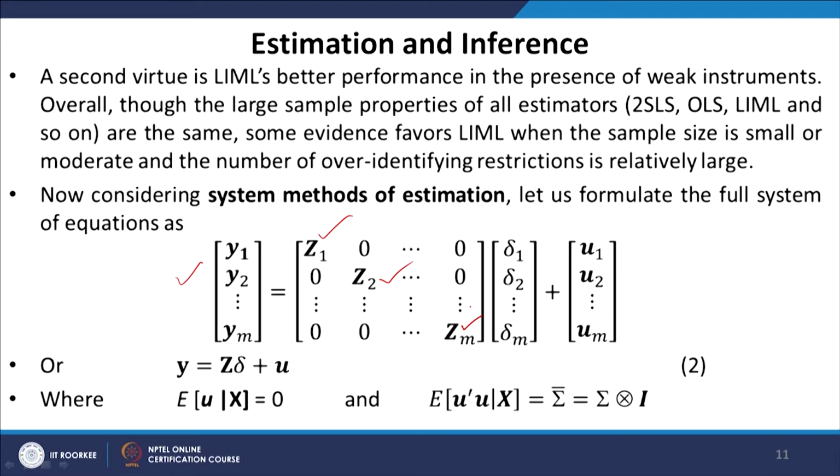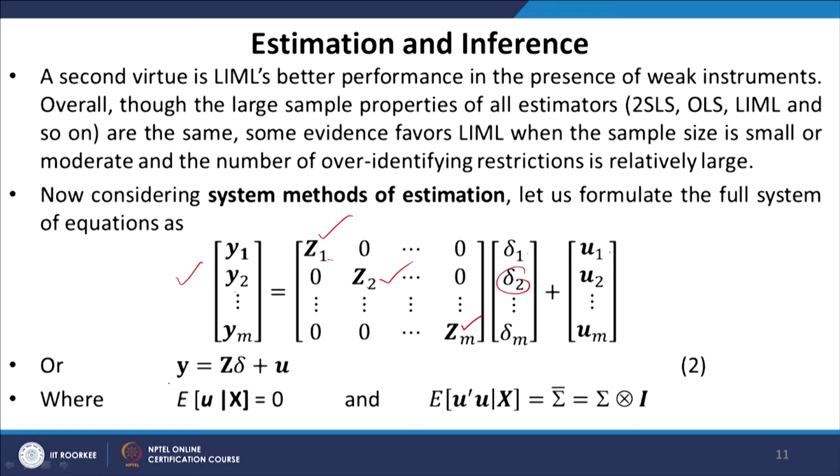So, we have y1 equals z1 delta 1 plus u1, the rest all are 0. Similarly, y2 equals z2 delta 2 plus u2, which implies that we have one endogenous variable on the left hand side, and the rest of the endogenous variables are taken to the right hand side, clubbed with the exogenous variables. We denote them by z, and we denote the coefficient matrix as delta.